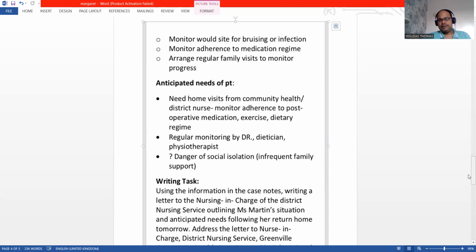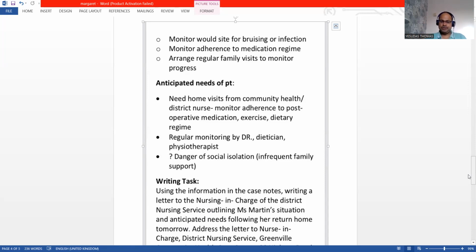Now, what we need for the patient is home visits from the community health or district nurse to monitor adherence to post-operative medication, exercise, and dietary regimen. You have seen those things before, what exercise, what diet. Regular monitoring by a dietitian, a physiotherapist, and her own doctor. So that's something else there.